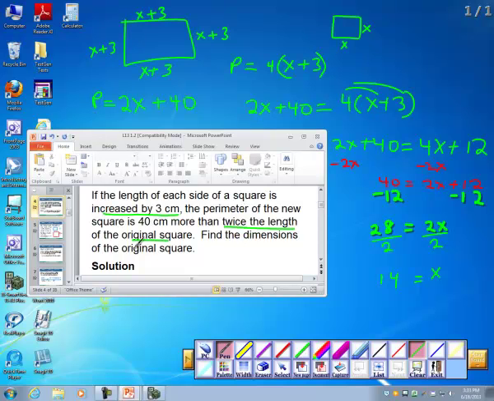We want to find the dimensions of the original square. So we have to say, all right, each side of the original square measures 14 centimeters. Okay? Questions with that so far?